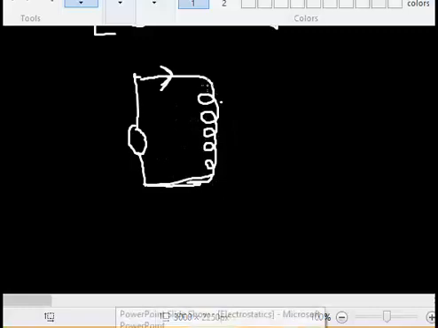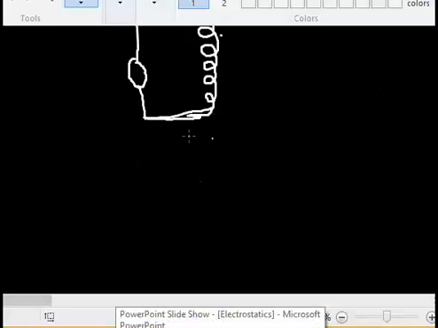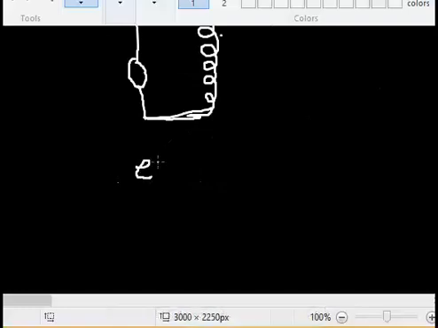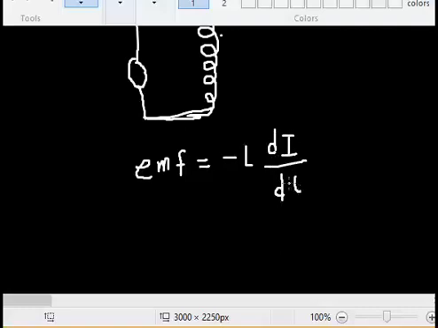So for self-inductance, the EMF that is induced is given by the formula EMF equals minus L dI/dt, change in current with respect to time. Of course you know the essence of the negative sign; we've talked about that.